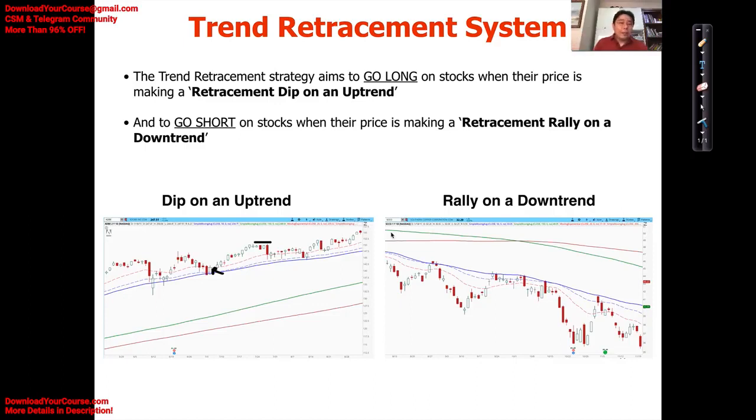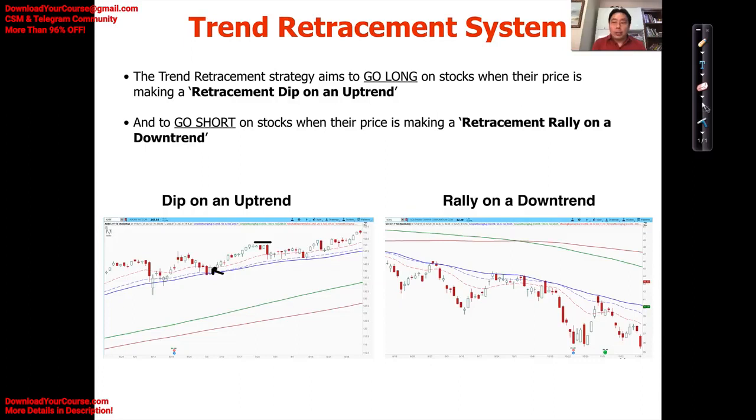The second difference is that in this system, we're placing our stop loss slightly further away to give us more room and more buffer during price volatility. And finally, in this strategy, we'll also be introducing momentum indicators to enter when the momentum is in your favor, to give you a stronger entry point in the system.